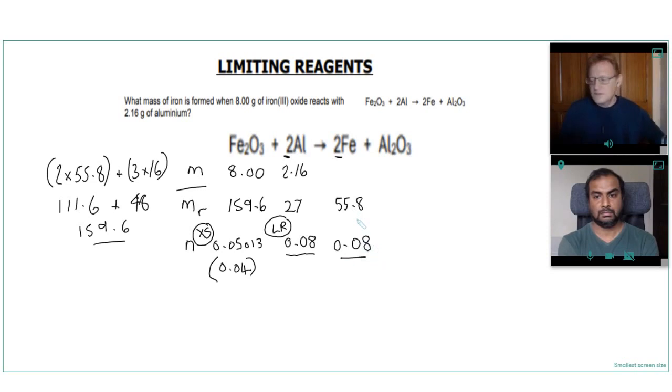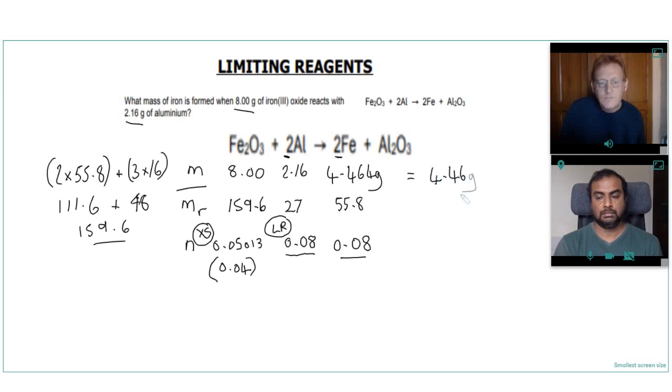And then all we need to do is that mass is moles times MR, so 55.8 times 0.08 is 4.464 grams. If I have a look at the question, we've got 3 significant figures, so we would say we would form 4.46 grams of iron.